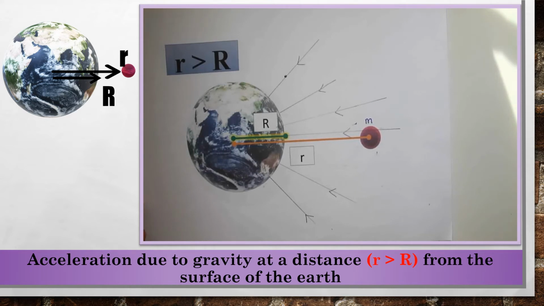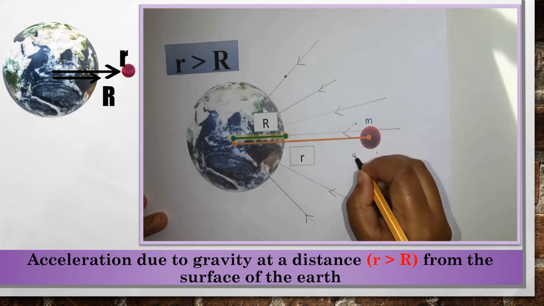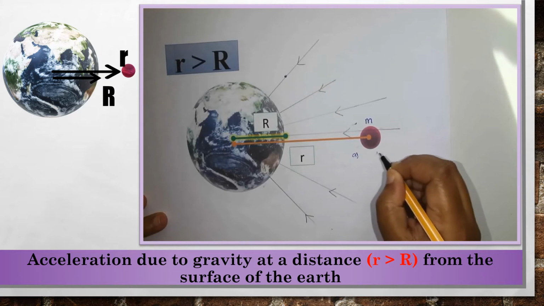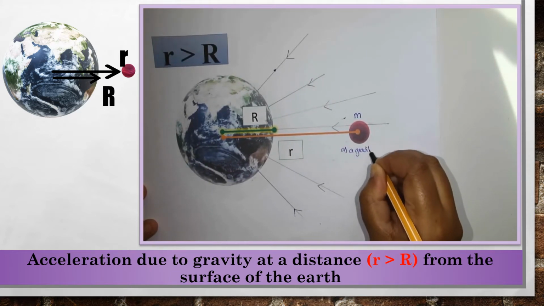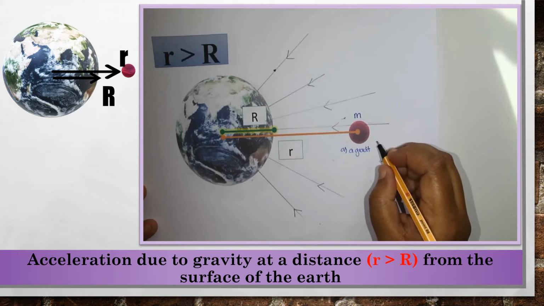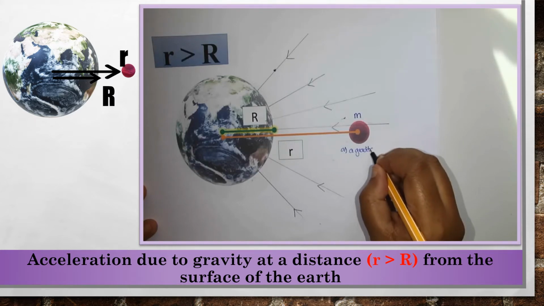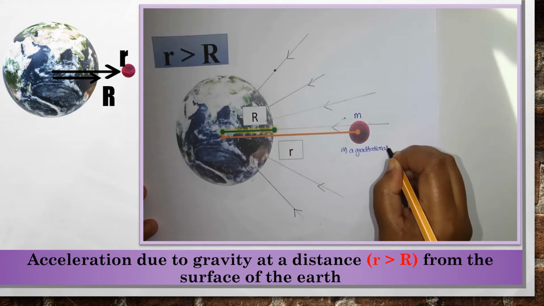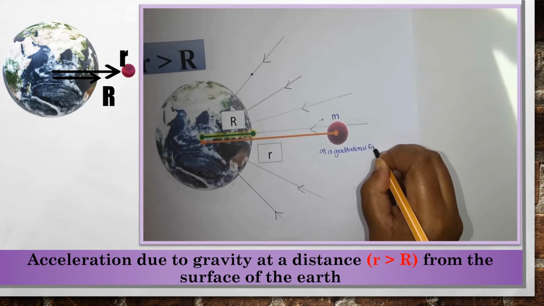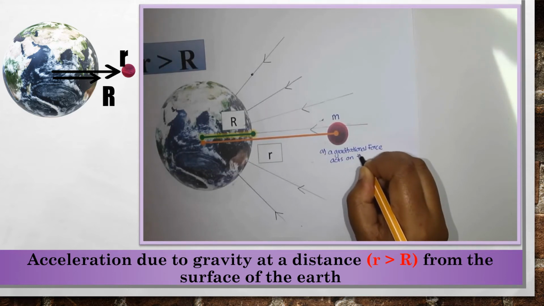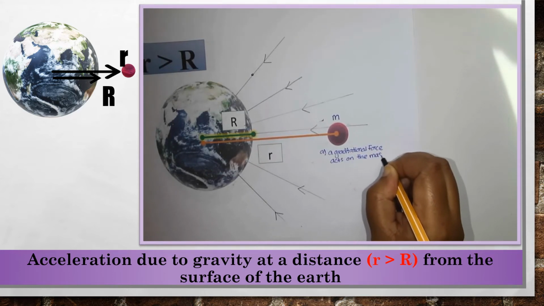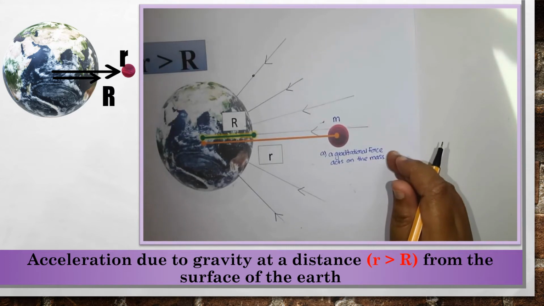When the mass m enters into the gravitational field of the earth, what happens, class? A gravitational force acts on the mass, or is exerted on the mass.